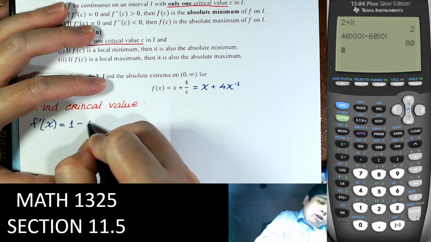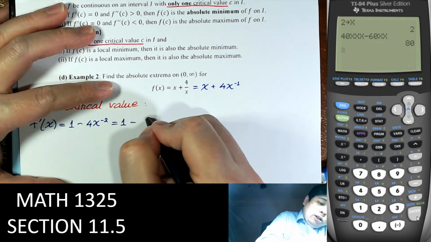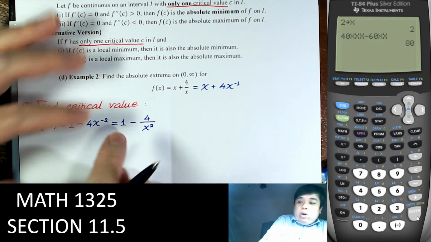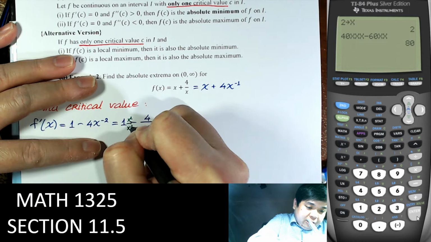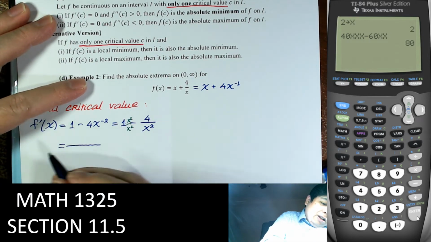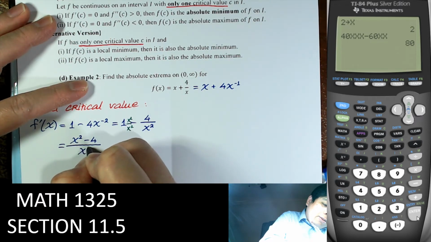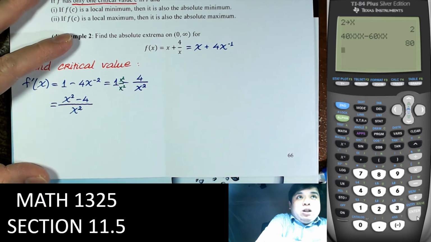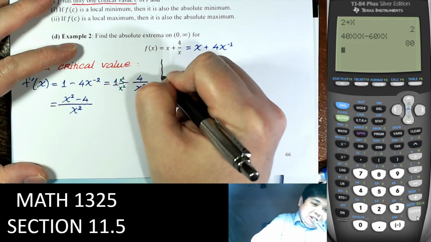Derivative of this is minus 4x to the negative 2. If we rewrite and multiply x squared top and bottom for the common denominator. Right, equal to 0, the analysis, that's what we have been doing, right?